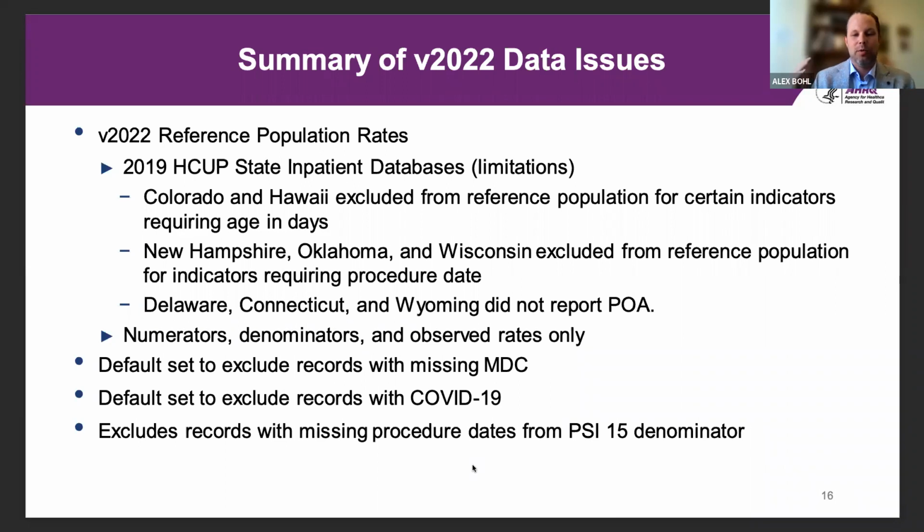We also set the default to remove records that are missing MDC or exclude records with COVID. And because PSI 15 depends heavily on procedure dates, we exclude any records from the PSI 15 denominator that are missing procedure dates. Next slide, please.